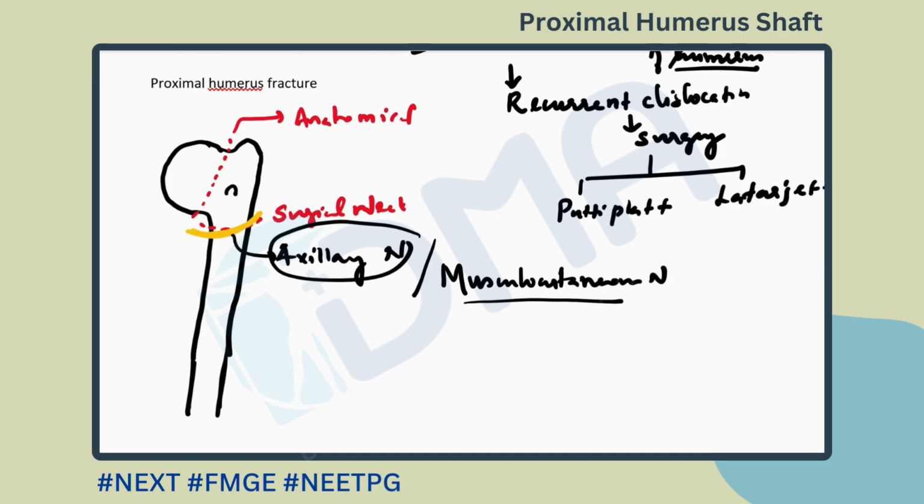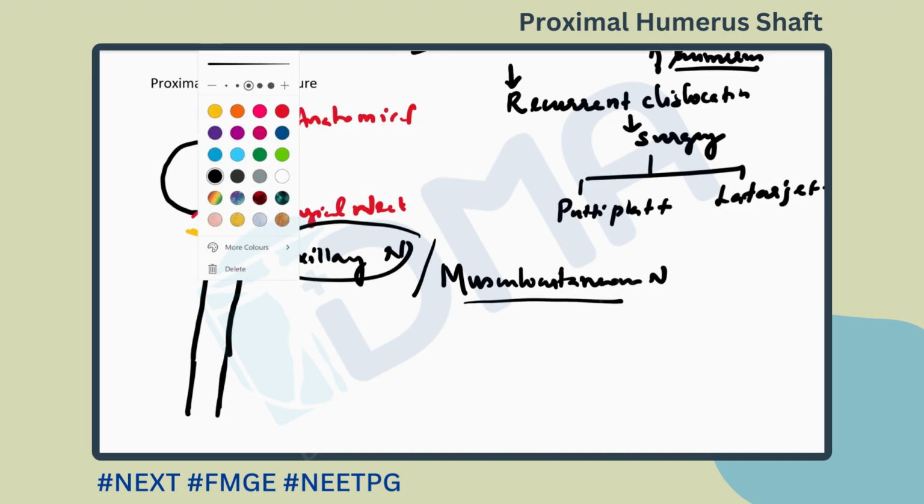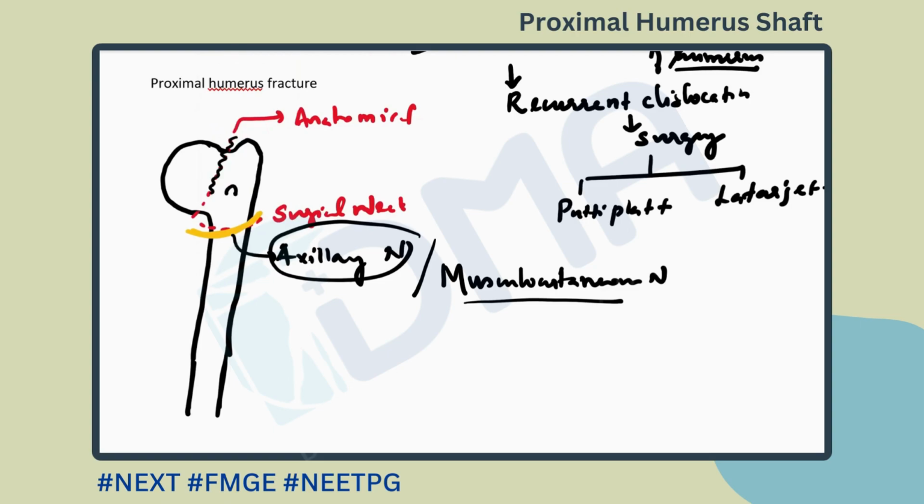Okay. So the importance of the anatomical neck is, if a fracture happens in the anatomical neck, then the head of the humerus can lose its blood supply, and this results in avascular necrosis of the humeral head.